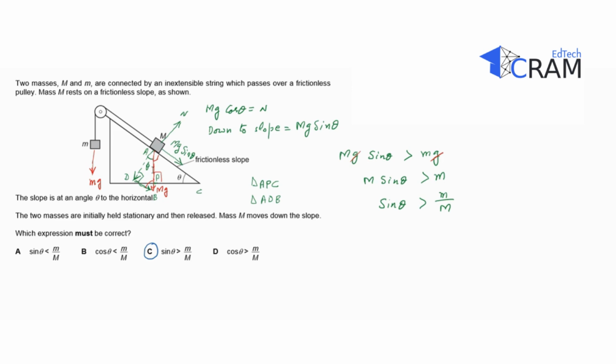Mg sine theta, which is opposite to this angle, is responsible for bringing it down. Because of this component, the mass moves down the slope.